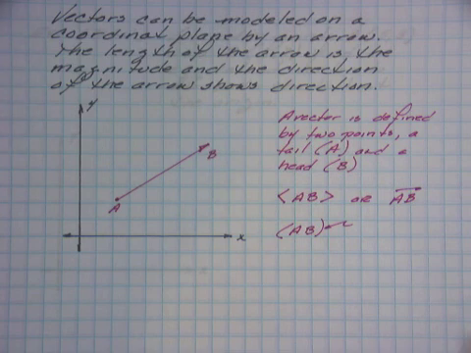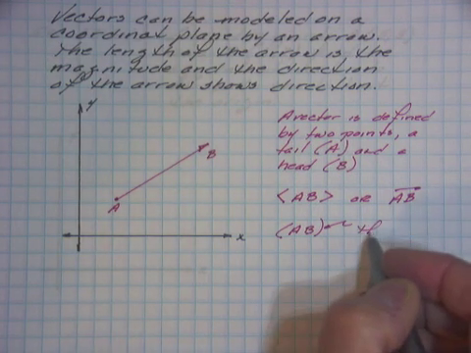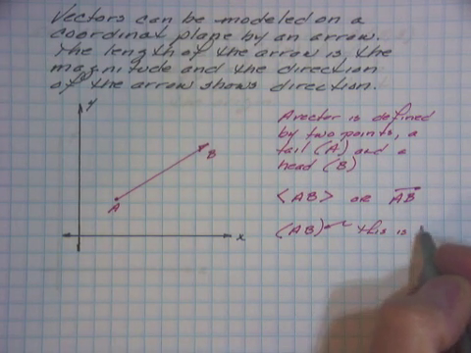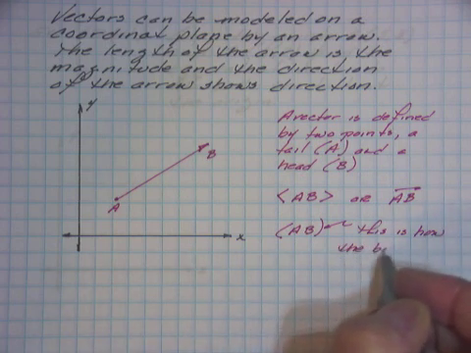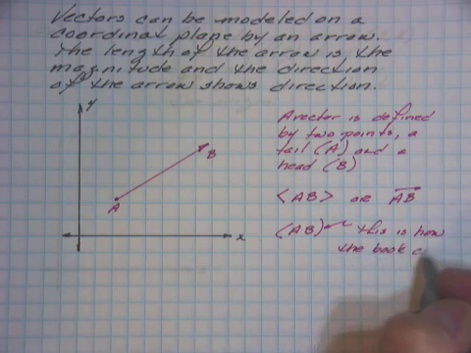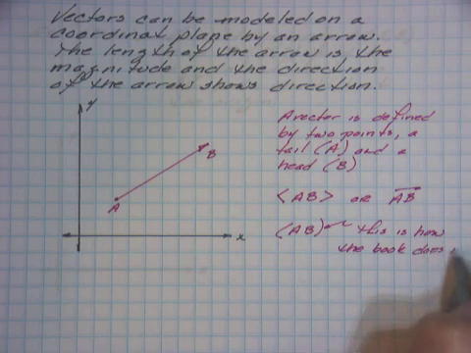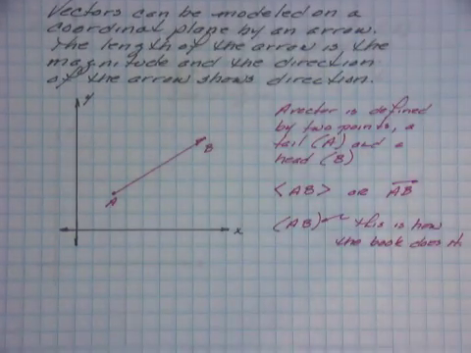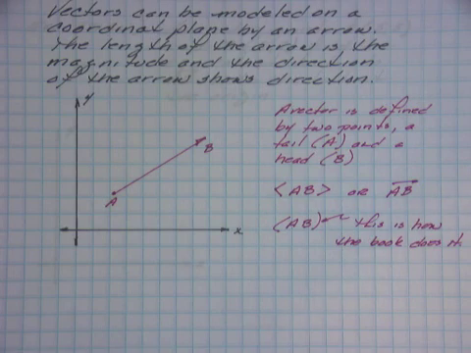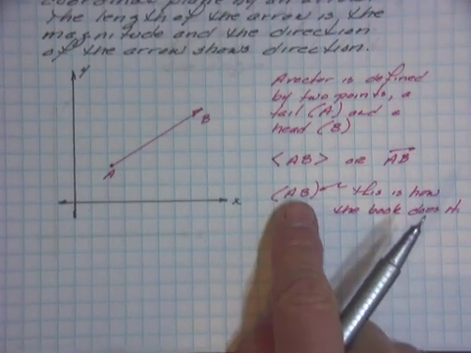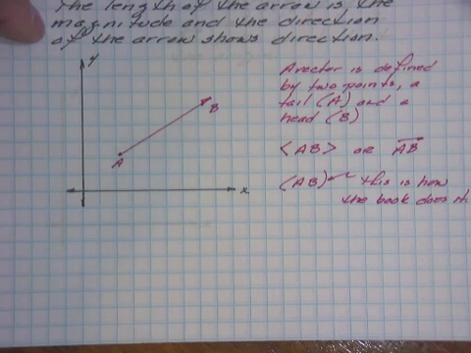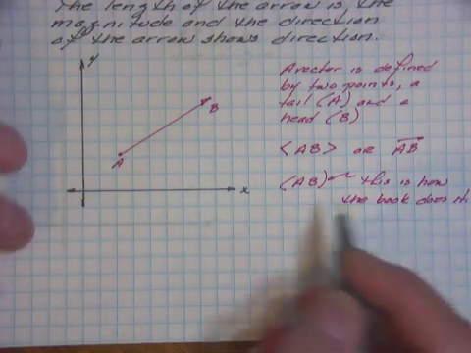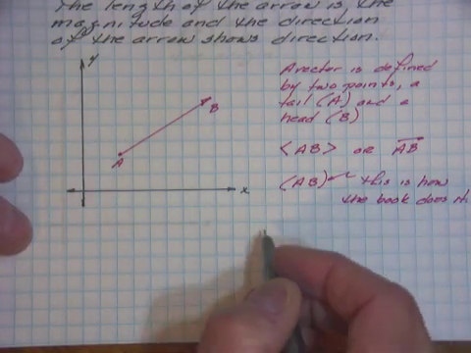And you can see why I don't prefer that, because it looks too much like a coordinate pair. But this is how the book does it. You won't find me doing it that way, but just know that if you're doing assignments out of the textbook, they're going to show vectors like that.